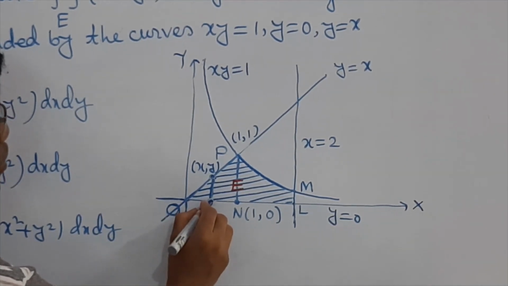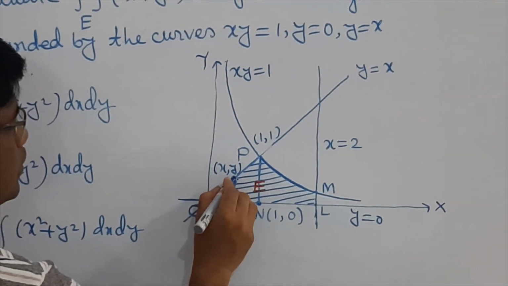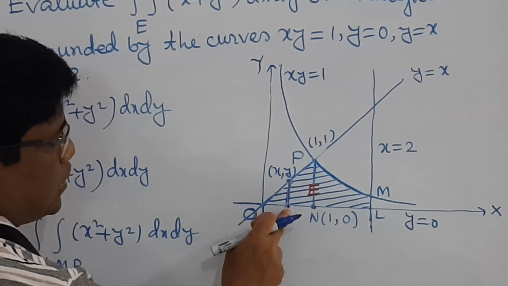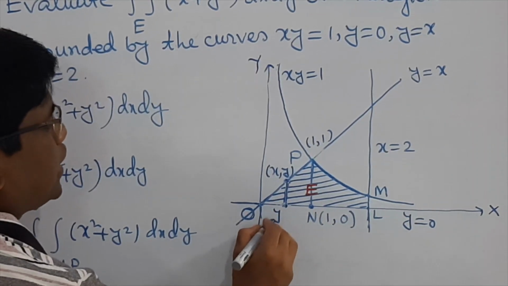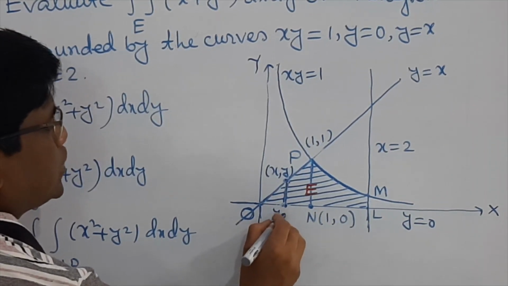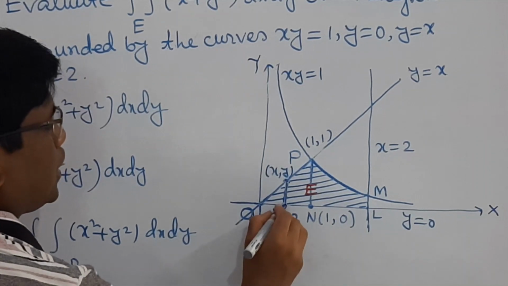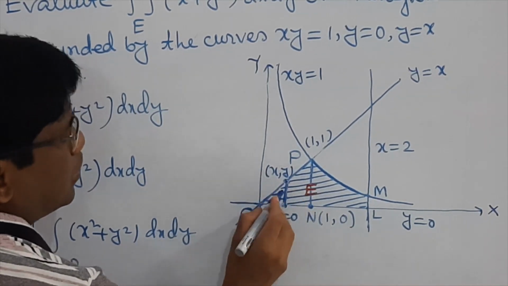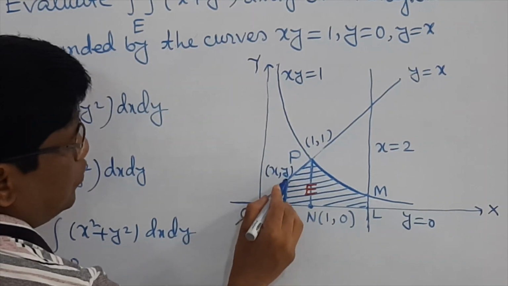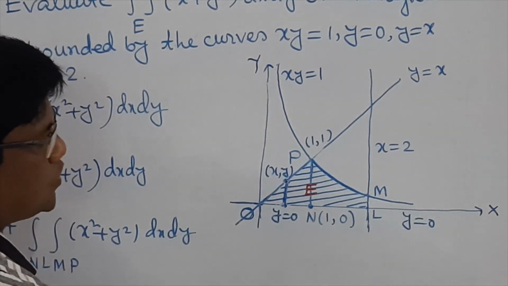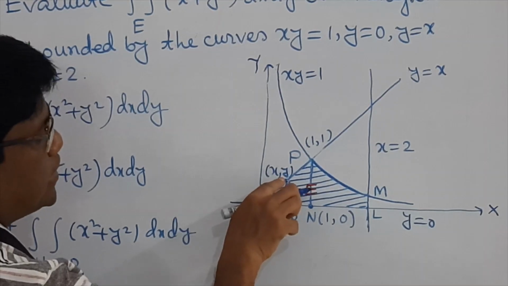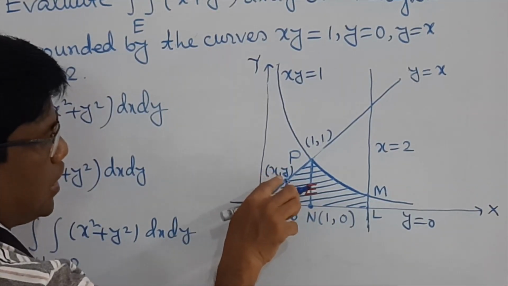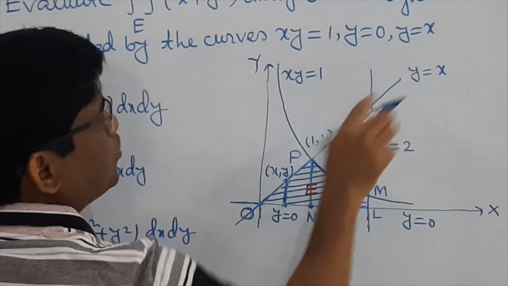The ordinate of this point is y is equal to 0, and the ordinate of this point is x, since the point (x, y) lies on the line y is equal to x.